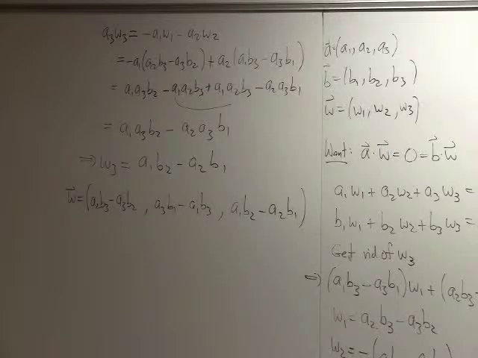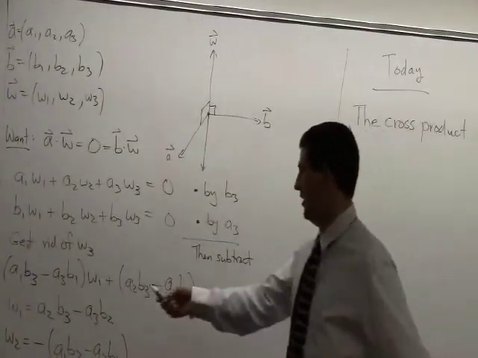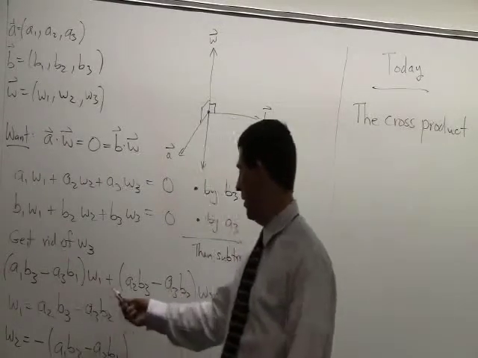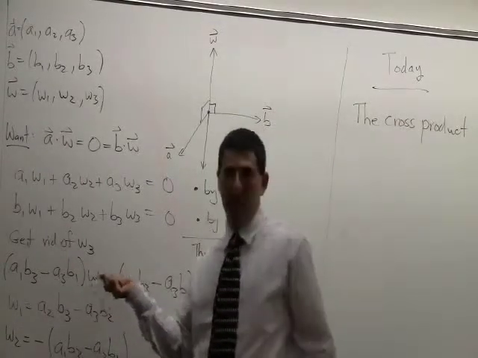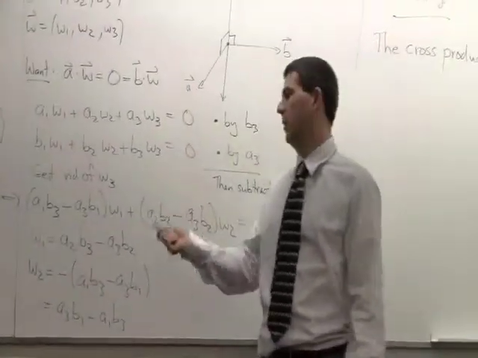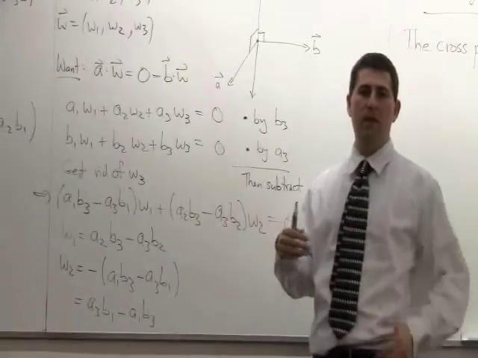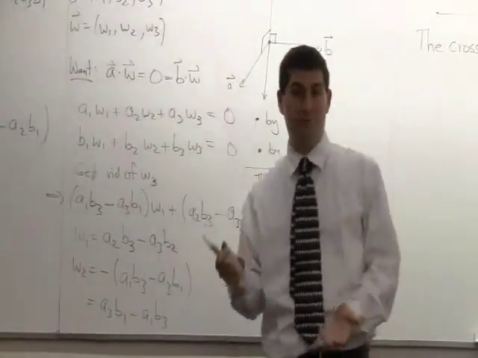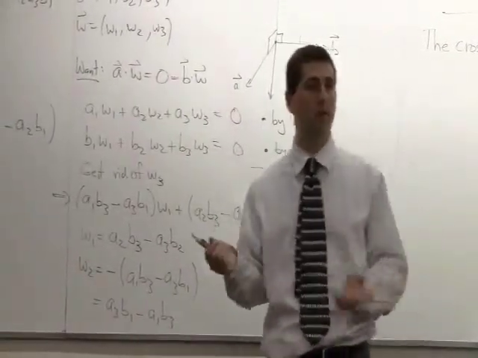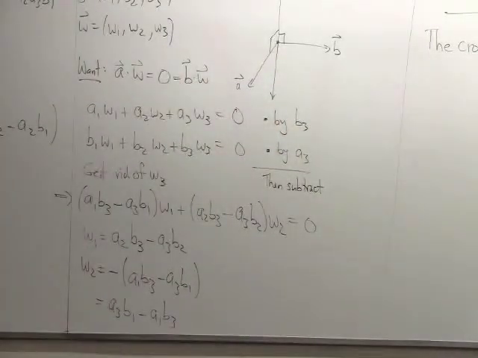Now we made a lot of choices. When we chose this W1 and this W2, there were a lot of choices that we could have made for W1 and W2 that would have worked. But this is the one we made. And this is a cultural choice. I know we usually try to avoid those in this class, but we're going to make this cultural choice and we're going to stick with it.